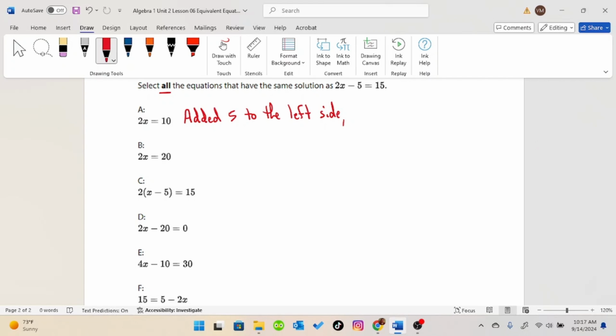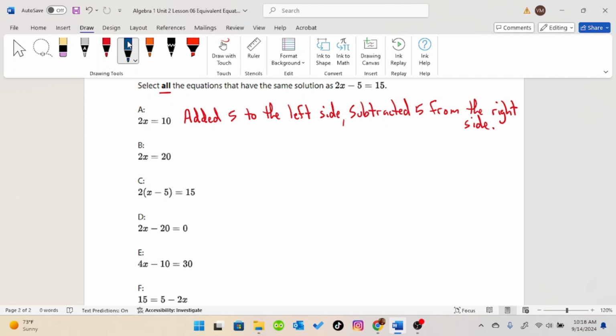They went from 15 to 10 by subtracting 5 on the right side. So A is not a correct choice.